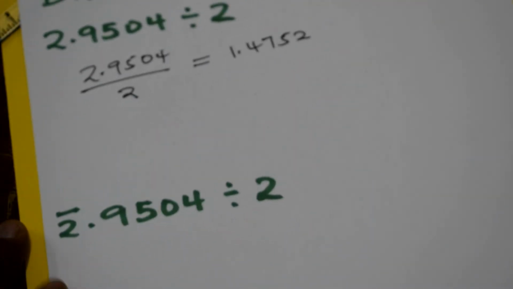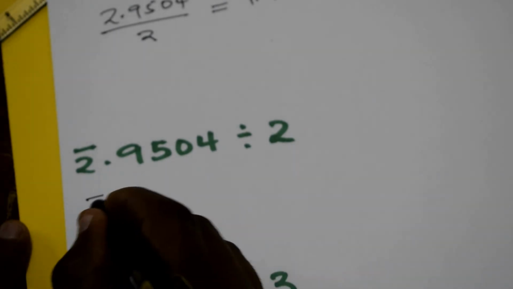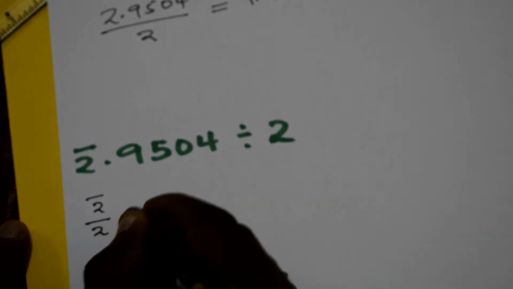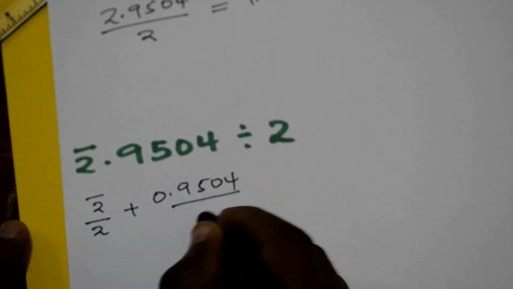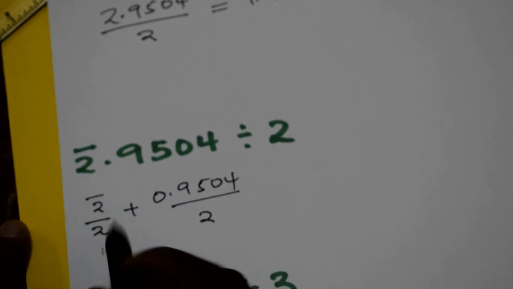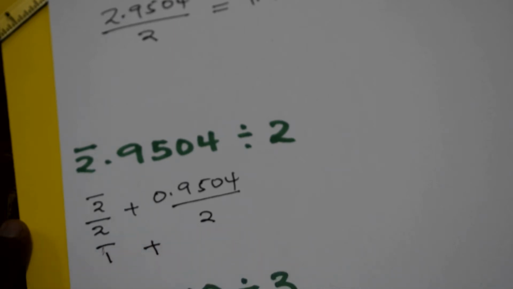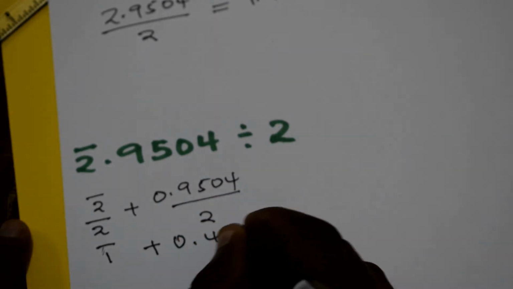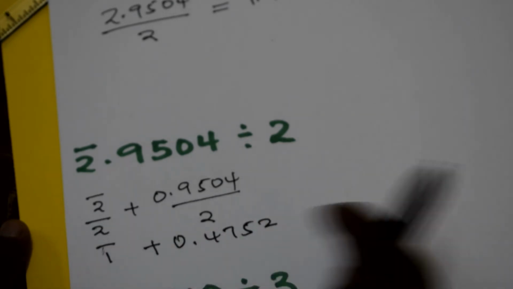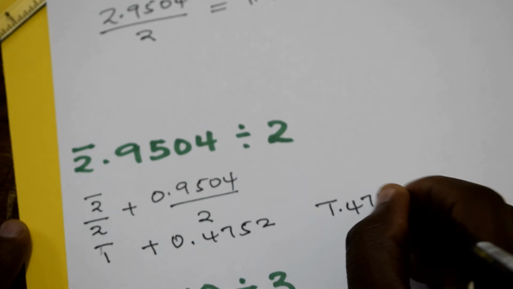When we have this bar 2, this one now requires us to separate bar 2 divided by 2 plus 0.9504 divided by 2. So when I divide this one, I'll get bar 1 plus 0.9504 divided by 2. This will give me 0.4752, and I can add these two to give me bar 1.4752.